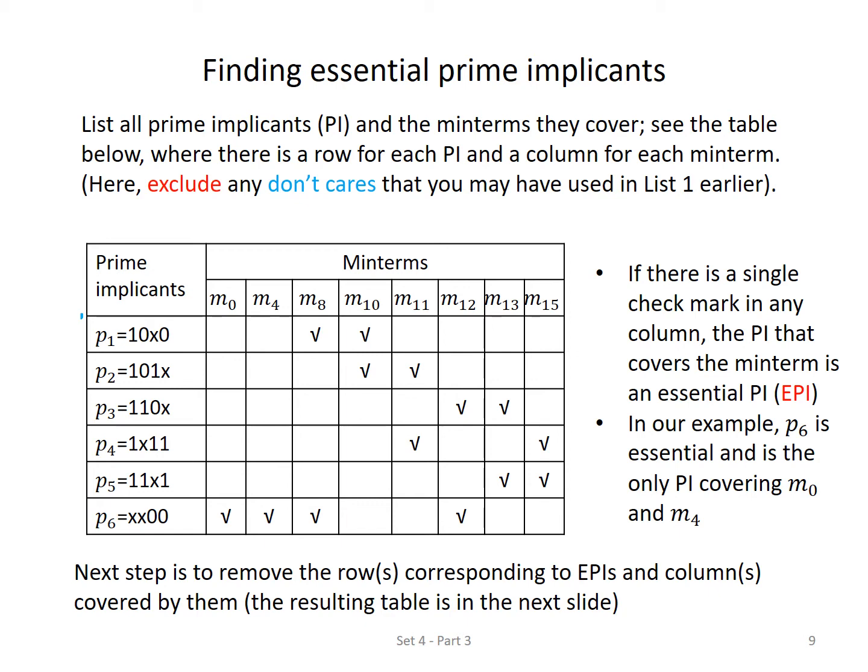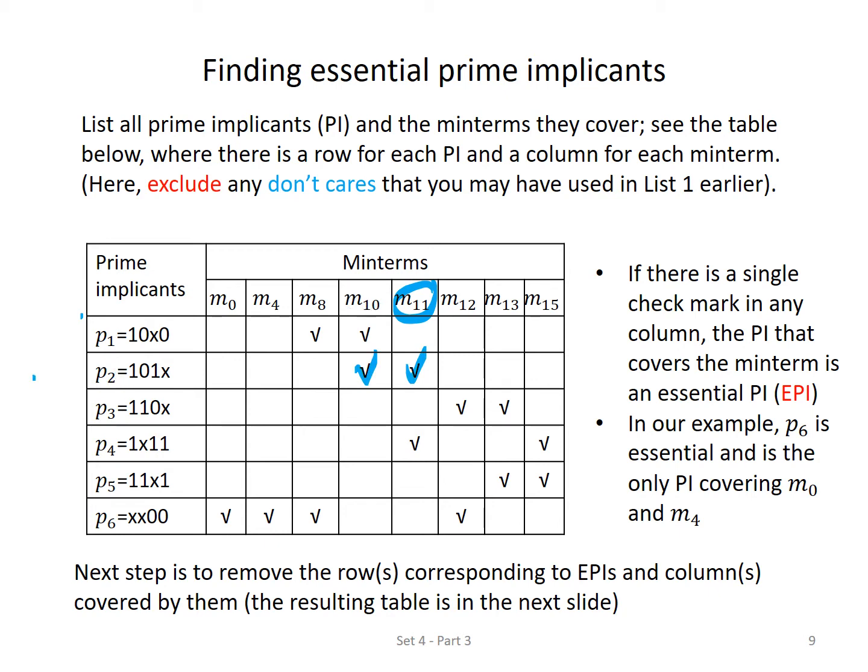Now, if you look at each row, you will see that there are some check marks, and those check marks indicate the min terms that the prime implicants are covering. For example, prime implicant P2 is covering min terms M10 and M11. That's why we have check marks here and here.